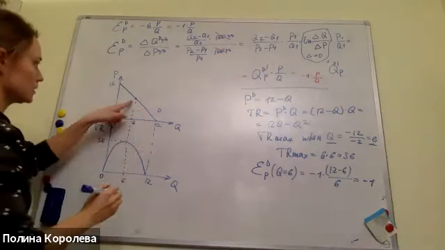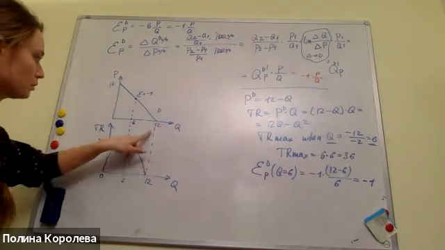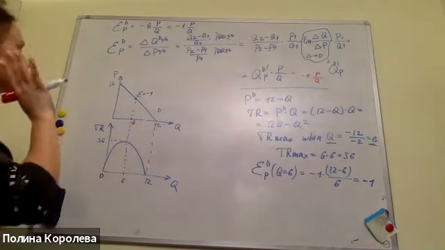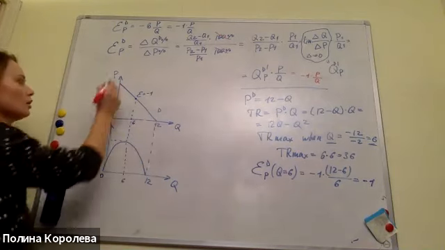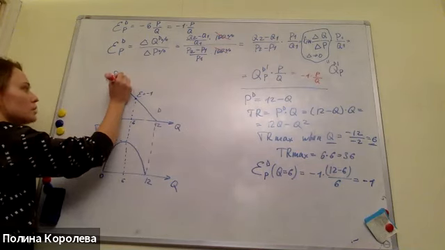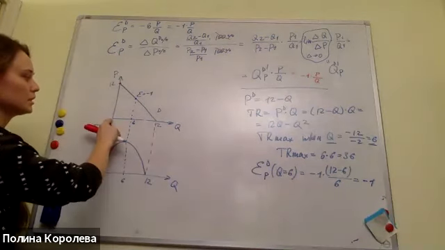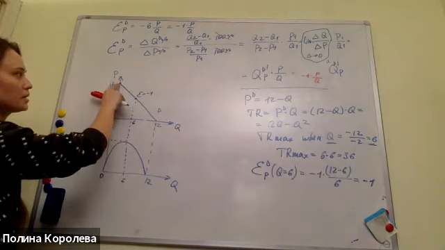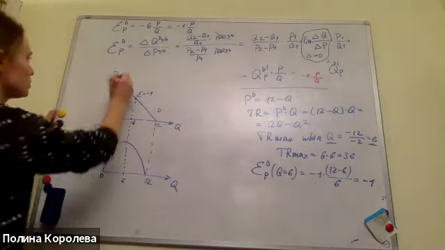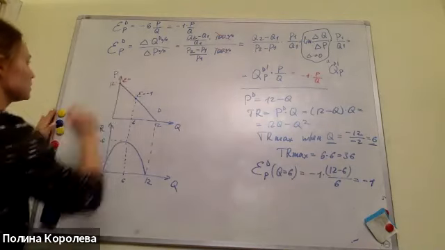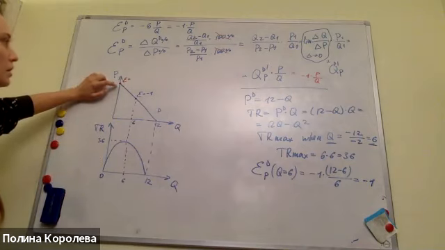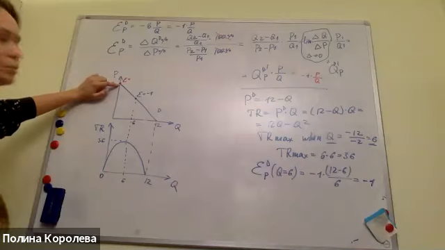I want also to write down two other points. This point, the highest point of the demand: quantity is equal to 0, price is equal to 12. What is elasticity? Count, please.